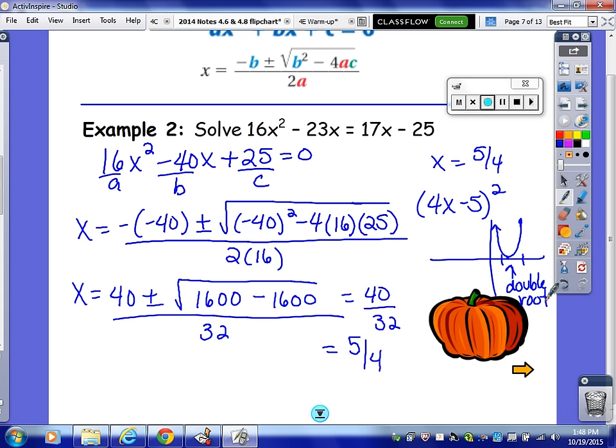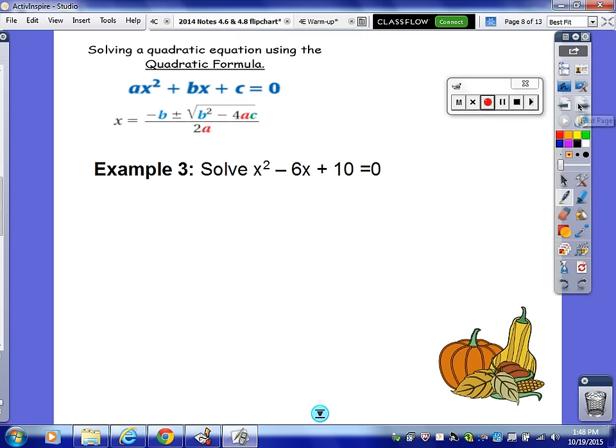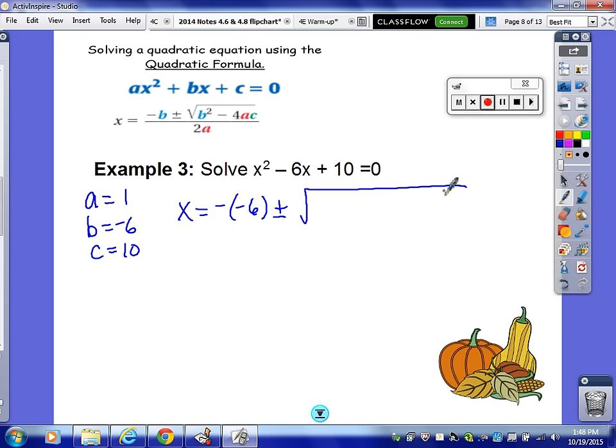All right, let's look at one more example of this. First of all, it's already in standard form. So let's do our A, our B, and our C. Plug into the quadratic formula: the opposite of B plus or minus the square root of B squared minus 4AC, all over 2A.